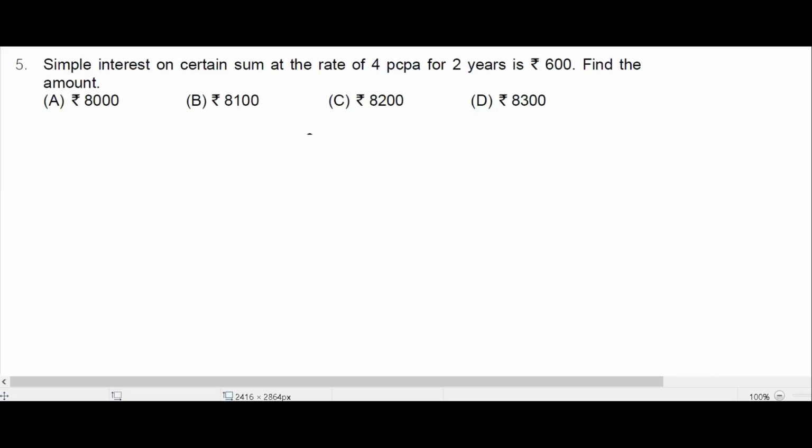Here it says simple interest on a certain sum. On a certain sum they have said, so I don't know what the sum is. Simple interest on a certain sum at the rate, this is your R, for 2 years, this is your N, and this is your simple interest. Find the amount. You have to apply the formula. Simple interest is equal to PRT upon 100.